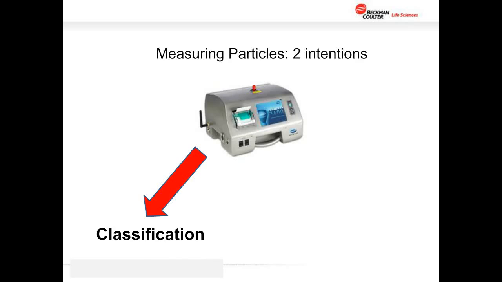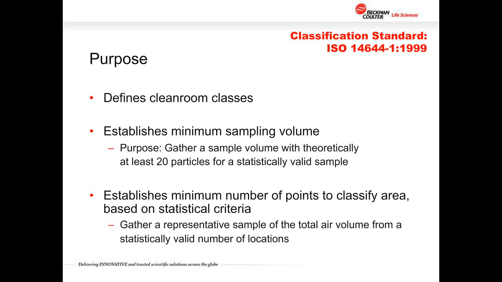So let's look particularly at the classification function for airborne counts. What is the standard that we're addressing here, this ISO 14644? Its main purpose is two things. First, defining the cleanroom class, being able to have a common language. I can speak to someone about an ISO class 5 room, and they'll have a sense of what that means. Maybe it'll bring up a mental image of someone dressed in a complete garment, a full bunny suit, as we would say, with even goggles on.